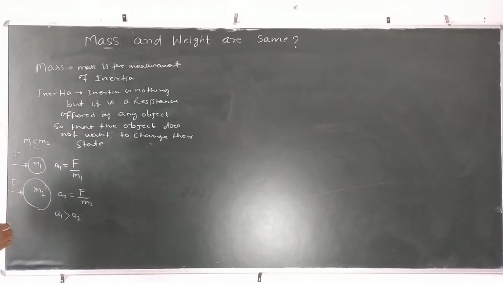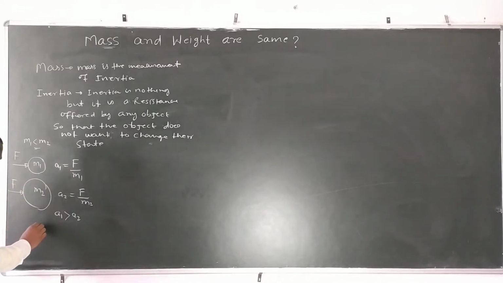So we can say that m2 has more resistance, so that m2 does not want to change its state as easily as m1. Here m1 has low resistance compared to m2.